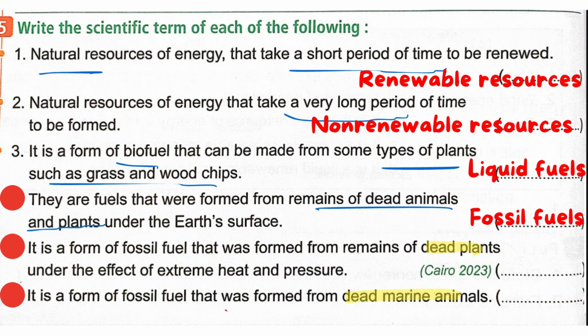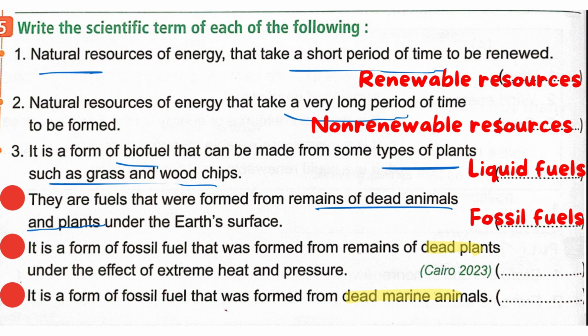Yes, this is coal, and this is very important, okay, because it came in exam last year, and to differentiate between the coal and oil. As you see here, the next question, it is a form of fossil fuel that was formed from dead marine animals.